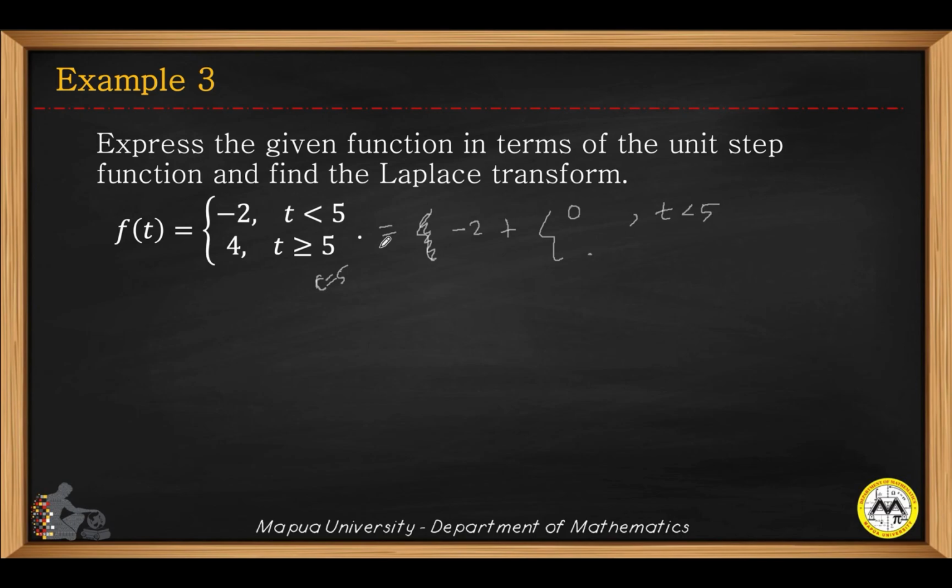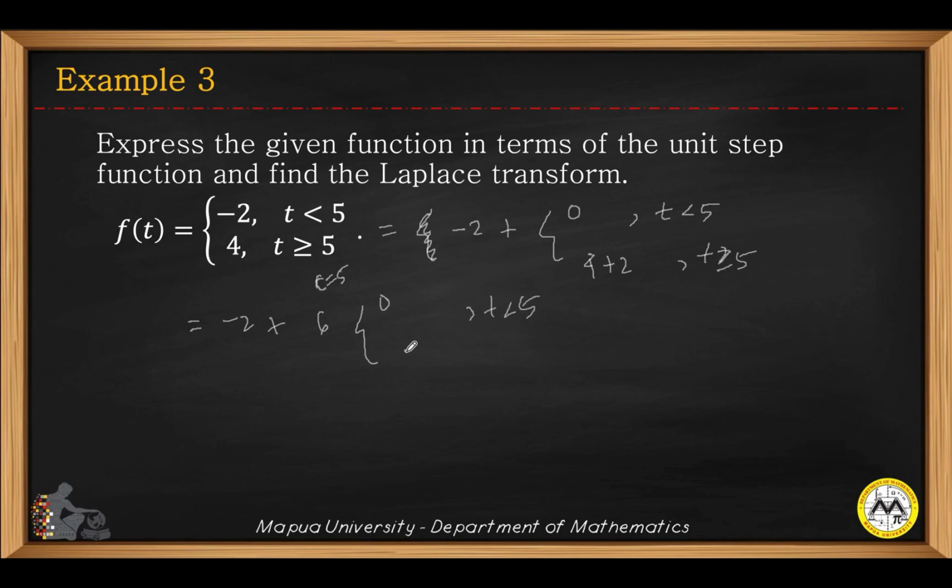And then what happens here? When you add negative 2, you add positive 2 here. So when you add negative 2 to positive 2, you get the original function. This is for t greater than or equal to 5, and then this has to be equal to 1 in the unit step function. So you have negative 2 here, and then we factor out 6. 6 times 0, you still get 0, for t less than 5.